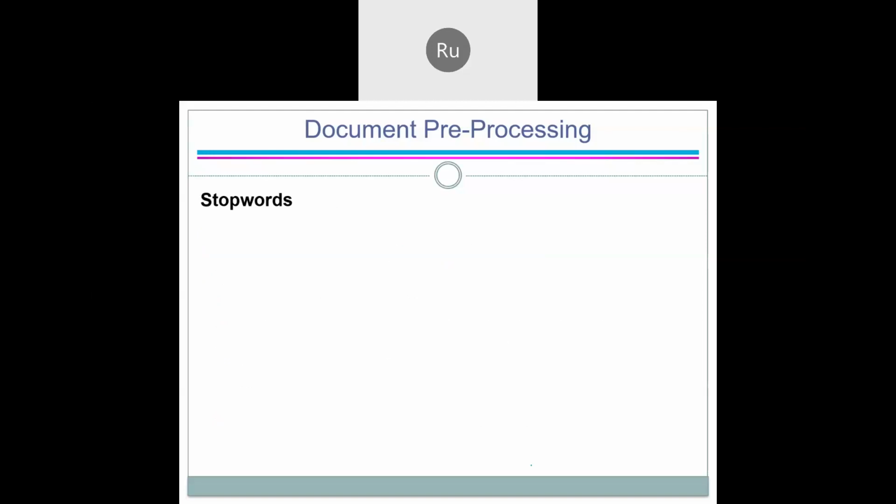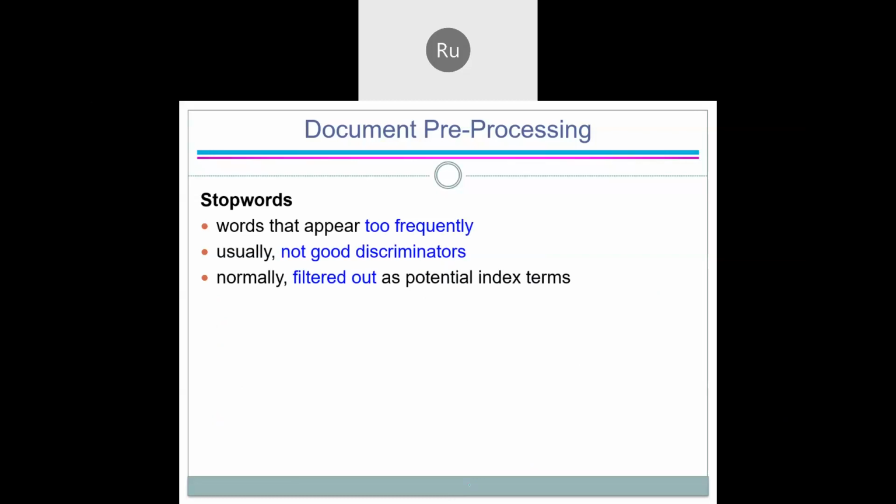Okay, the stop word. This is the word that appears almost every time. So we want to remove this, because this will take a lot of computation time when we want to compute the TF-IDF.